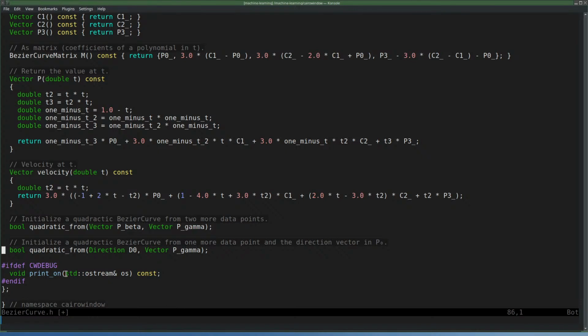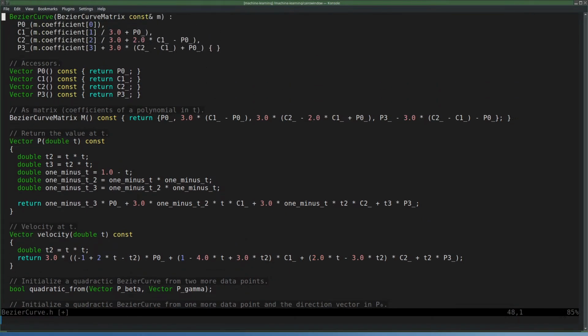So I think that if I fit this one, then I can get the direction. I can't get the direction yet, so let's add accessors for that. Although I can. That would be the velocity, the direction of the velocity at t is 1.